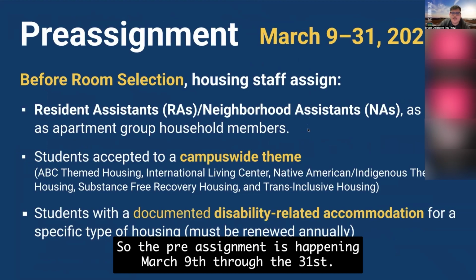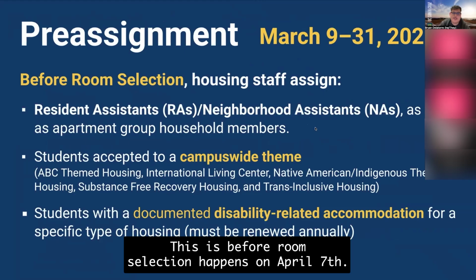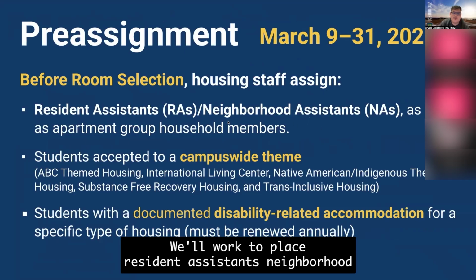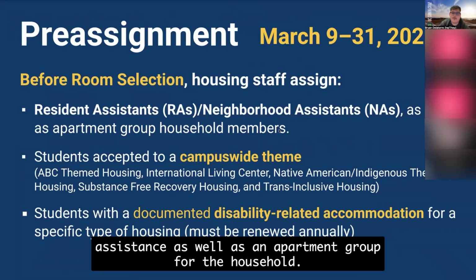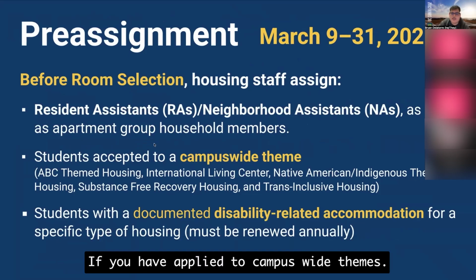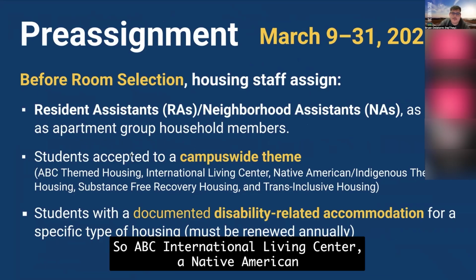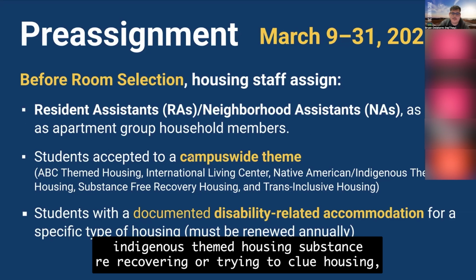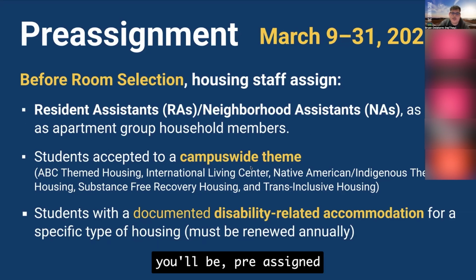So the pre-assignment is happening March 9th through the 31st. This is before room selection happens on April 7th. We'll work to place resident assistants, neighborhood assistants, as well as an apartment group for the household. So if you're an RA, you'll be able to select your roommate group. If you have applied to campus-wide themes, so ABC, International Living Center, Native American Indigenous themed housing, substance-free recovery, or trans-inclusive housing, you'll be pre-assigned.